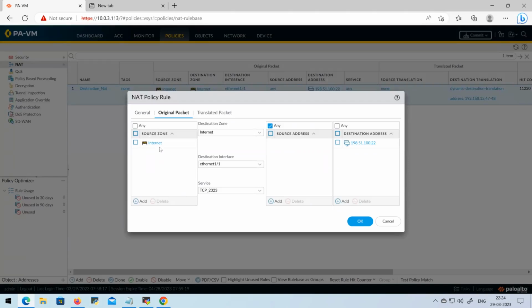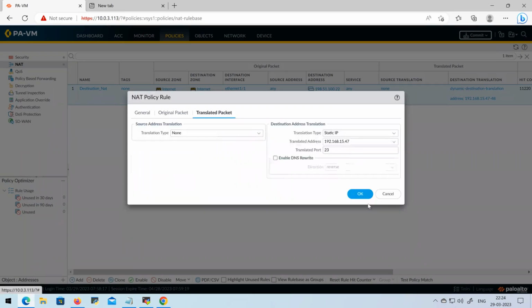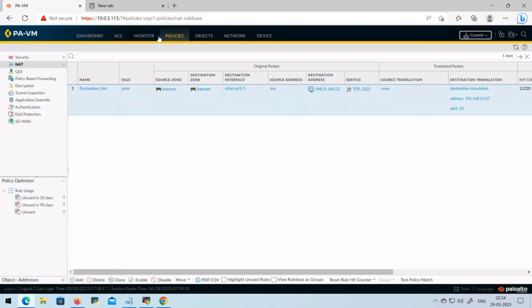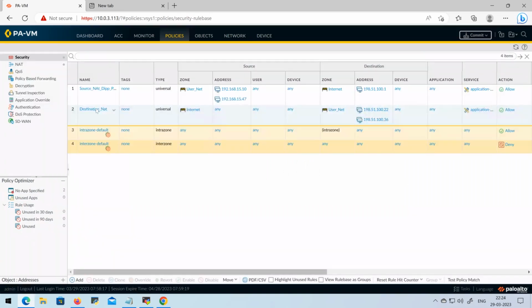So this is the original packet, internet zone to internet zone, hitting TCP 2323 for this destination address. The translated packet takes the traffic to 192.168.15.47 on which port? This is the port of what? It is a telnet port, Telnet 23. So ideally, if someone is hitting from outside, what else is required? Policy.